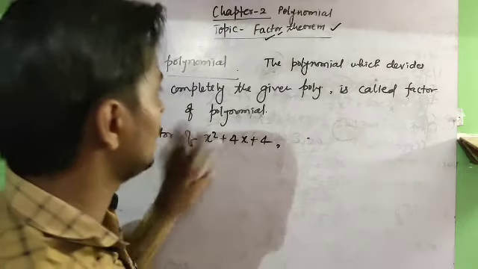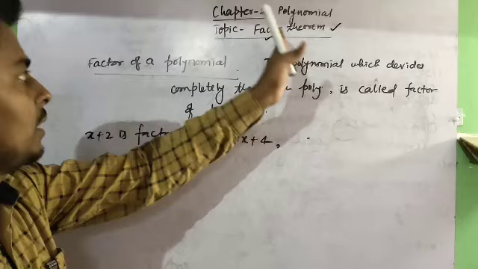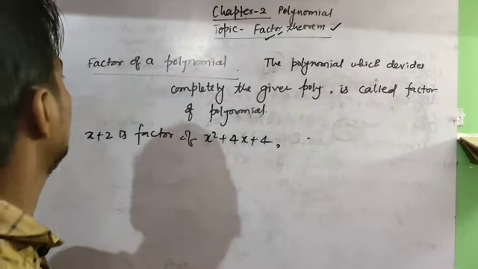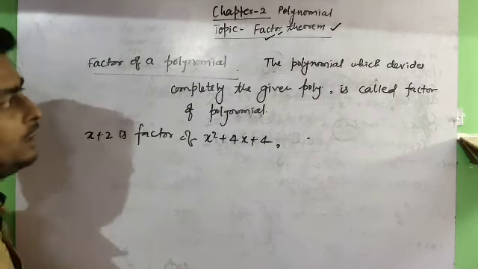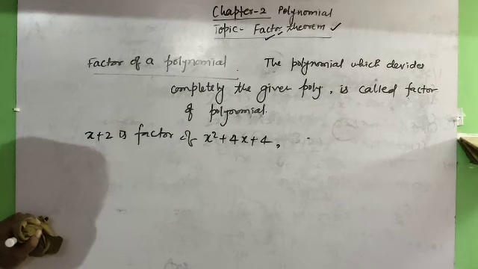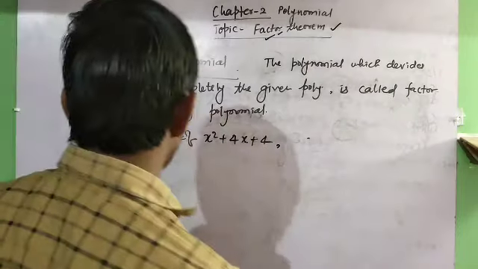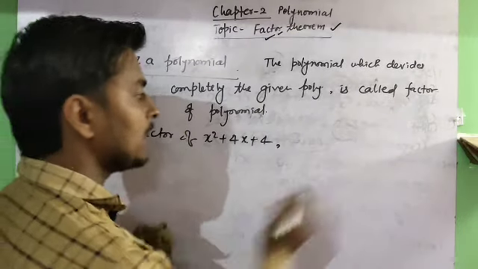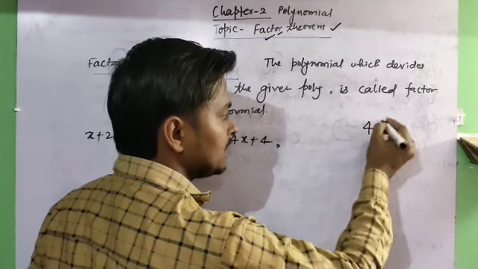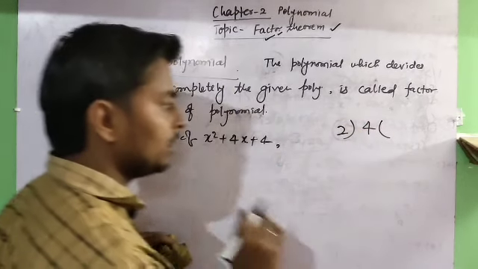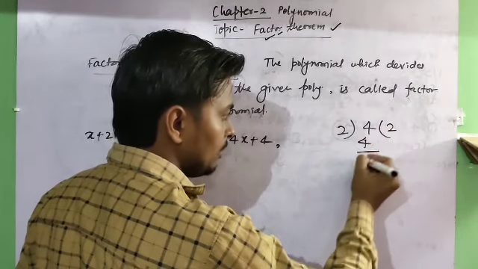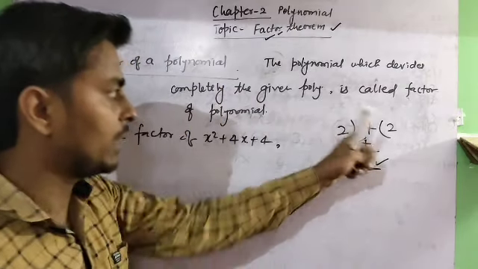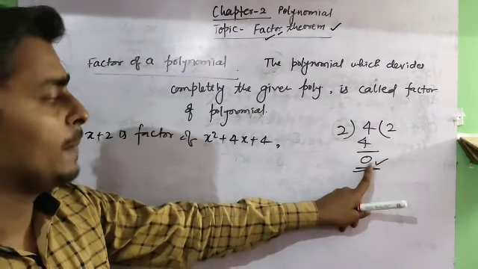Now this is the definition of factor. We are now going to discuss the factor theorem, or factorization theorem you can say. So this is the definition of factor of polynomial. Now note it. As with numbers, the important thing is that when a number is completely divisible by any number, then the remainder is always 0.